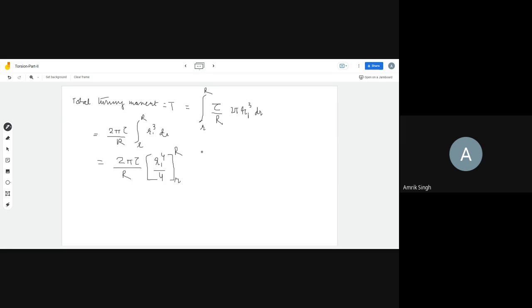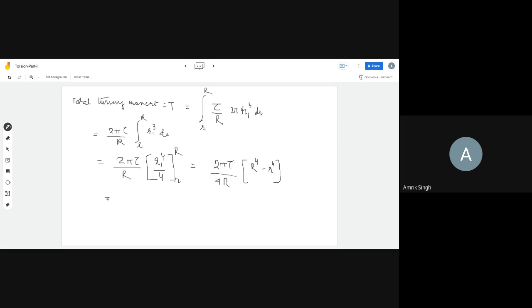When you put the values, it will be 2 pi tau upon R, and the 4 you can take outside, so it will be R to the power 4 minus r to the power 4.